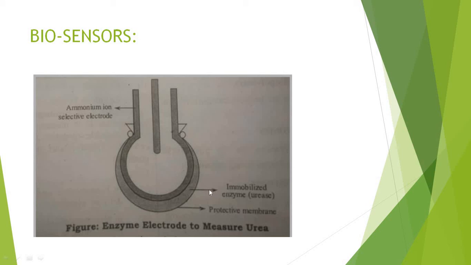It is also used to detect the presence of contaminants or pollutants in water also. So air pollutants and water pollutants are detected with the help of this small device, that is biosensors.